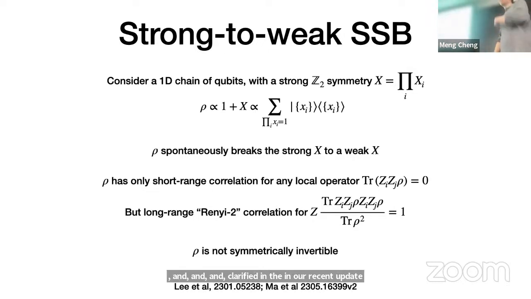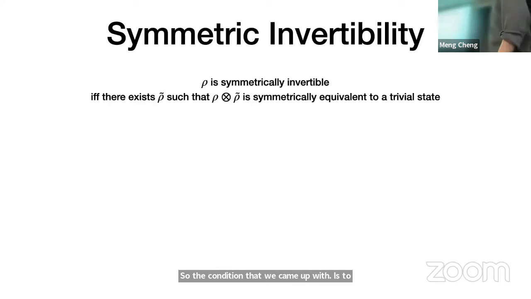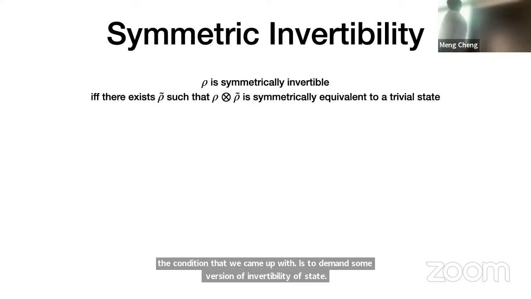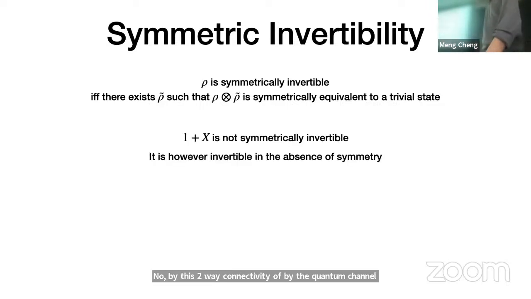All right, so the lesson is that we have to add some additional condition to make sure that we can discuss localization of symmetry and apply this whole decorated domain wall idea. The condition that we came up with is to demand some version of invertibility of the state. I'll be very brief, this is almost the last slide. So rho is symmetrically invertible if there exists another rho tilde, generally different, such that the tensor product is equivalent, by two-way connectivity through a quantum channel, to a trivial state preserving the symmetry.